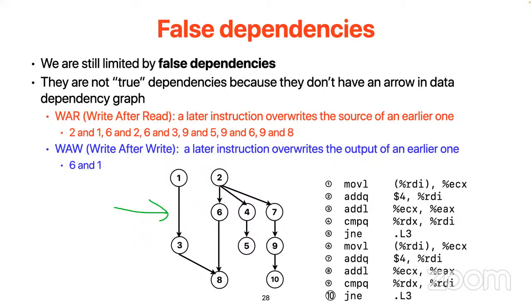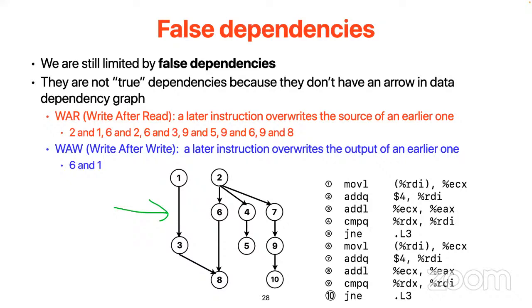We don't call these true dependencies, because there is no real data dependency. However, in the case called write after read, a later instruction overwrites a register value that an earlier instruction tried to read, so the value the earlier instruction depends on would be gone.